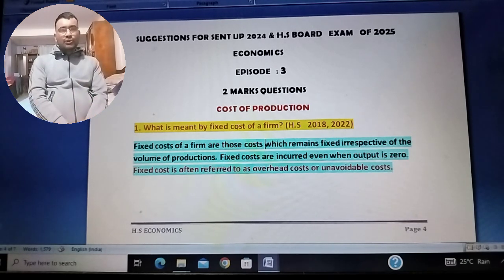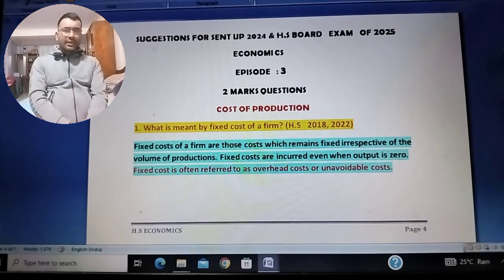My suggestion to dear students is that economics is a very interesting subject and it is easy also. But I found most students memorizing everything by rote. So don't do that. Try to understand the subject and try to write in your own words.